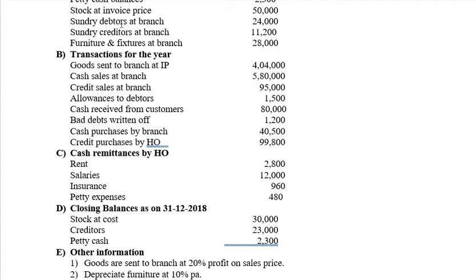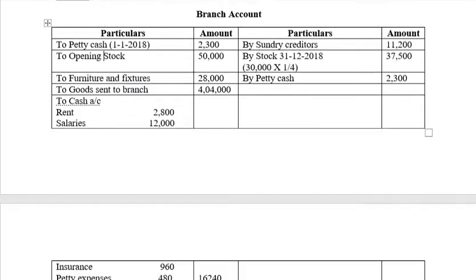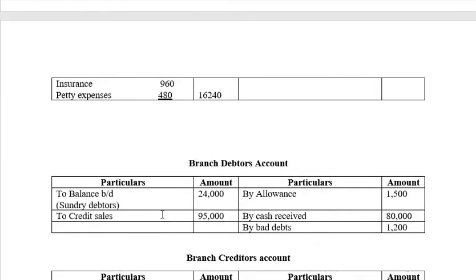Sundry debtors at branch. Now this is nothing but debtors, and the amount is 24,000. The entry will be to the branch account, and to the debtors account, to balance brought down 24,000.